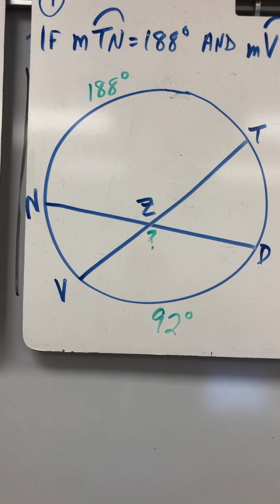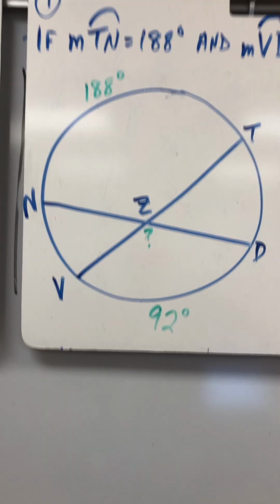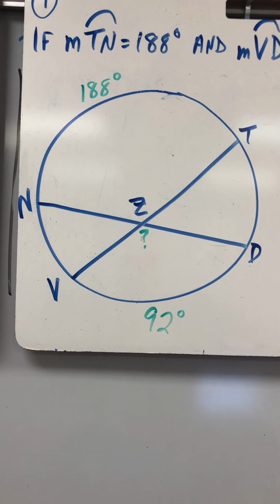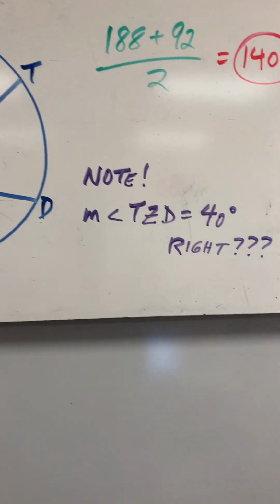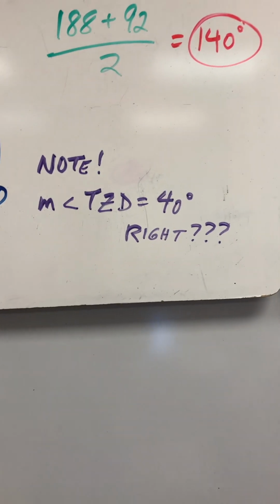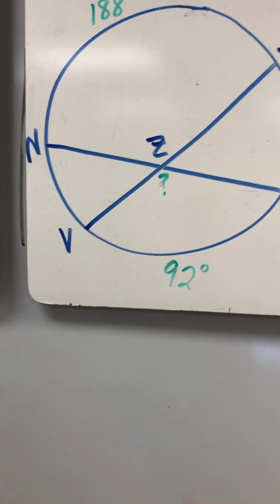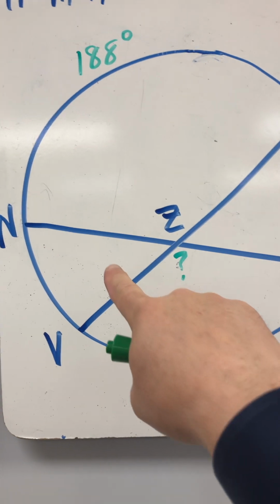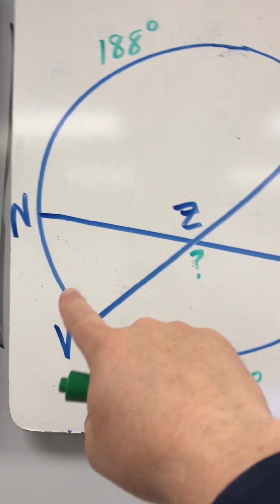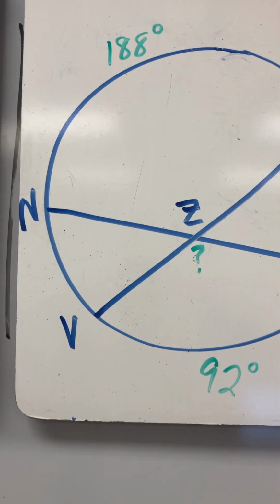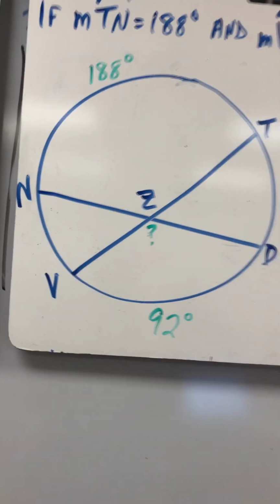Those are supplementary angles, or a linear pair. So measure of angle TZD equals 40 if you're ever asked that. Wouldn't this one also be 40, if you were asked for NZV?